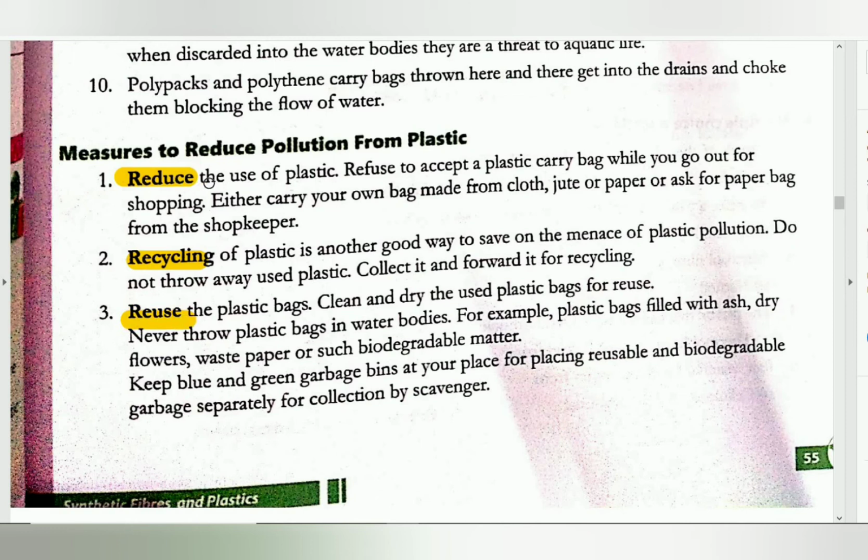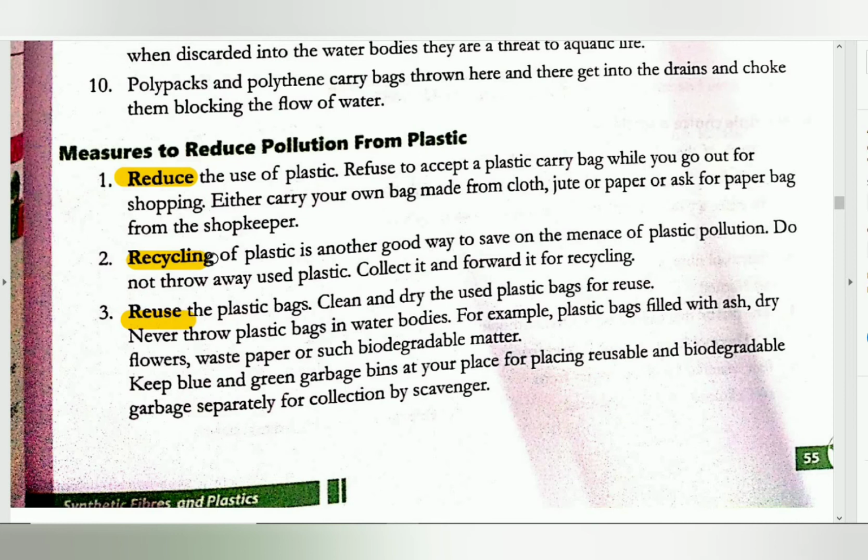What is reduce? Reduce means reduce the use of plastic, or we can say refuse the use of plastic. Alright, we can carry bags which are made up of cloth, paper, jute, etc. instead of plastic.